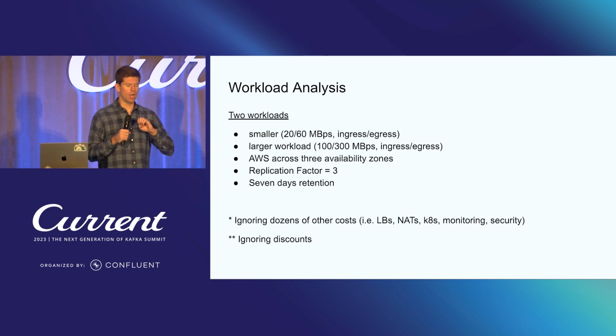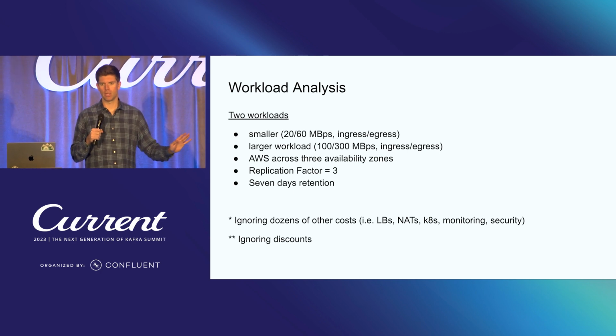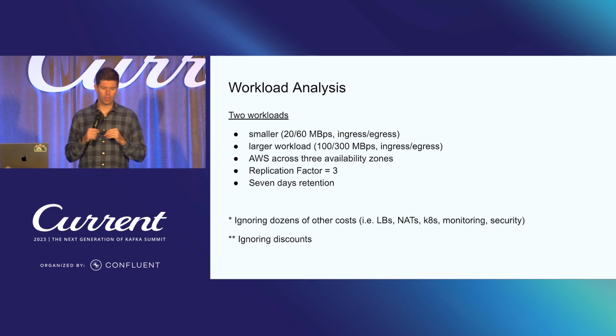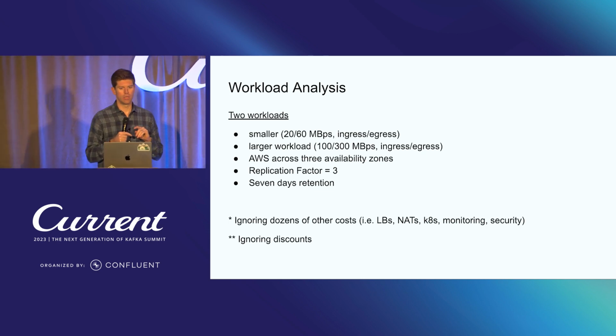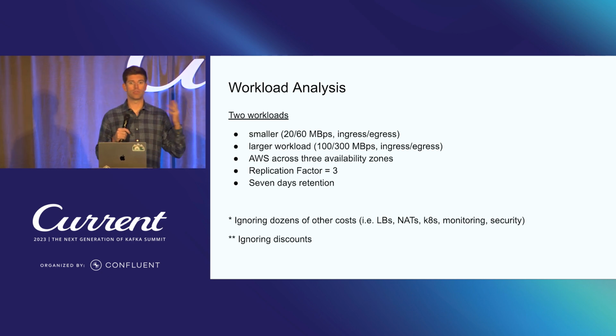One thing to note, we're gonna ignore a bunch of costs. These are the heavy hitters, but we're gonna be ignoring any load balancers, any NAT gateways, Kubernetes costs, monitoring, and then the overall cost of securing it.